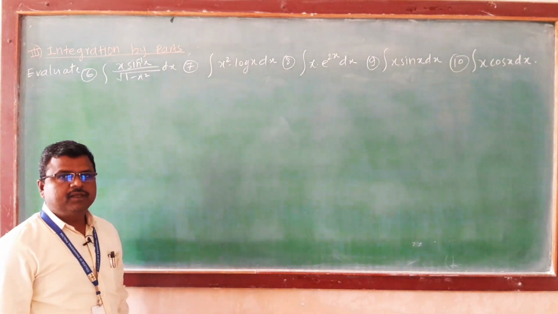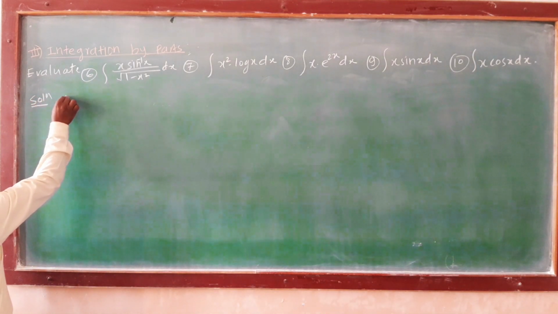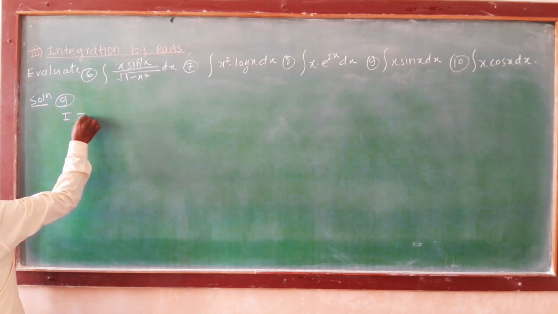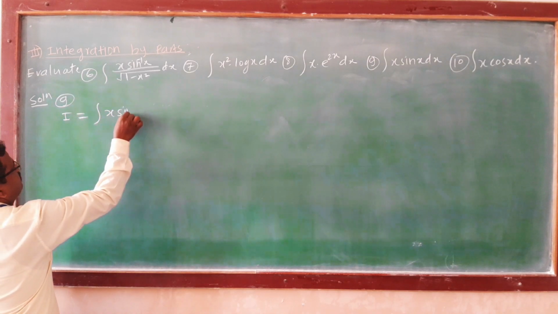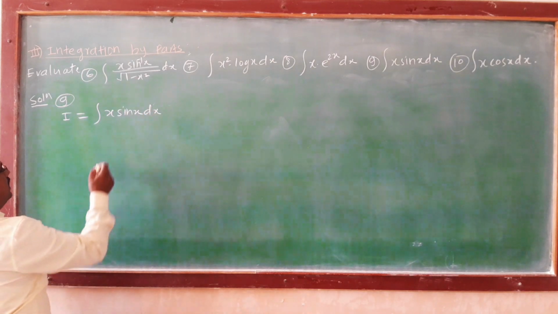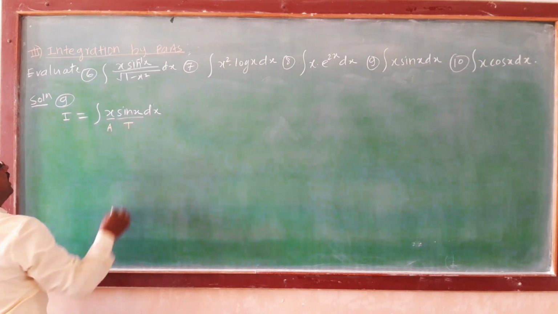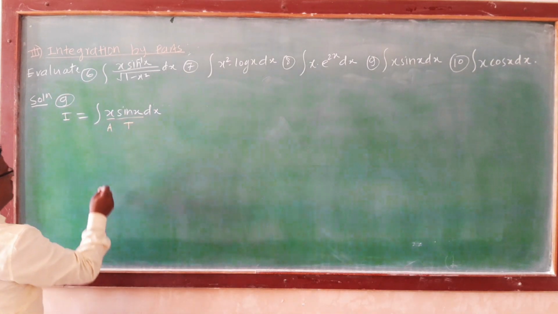Now see this example number 9. Call this I, which is integration of x into sine inverse x dx. So x is an algebraic function and sine inverse x is an inverse trigonometric function.